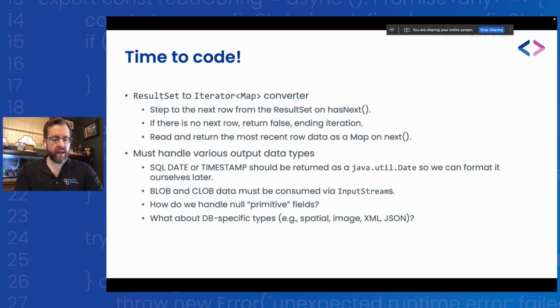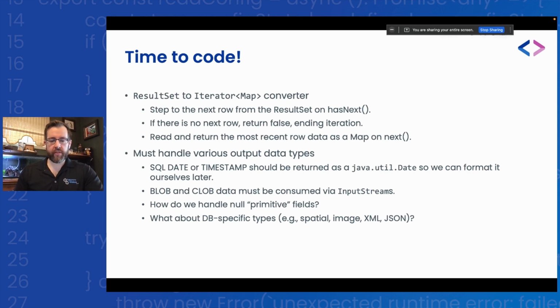So when you query a database, obviously you can get back strings and blobs and clobs and dates and timestamps with time zones, integers, booleans, all of that stuff. So we will handle all of those. We'll basically grab the type out of the metadata and do whatever conversions we need to do.